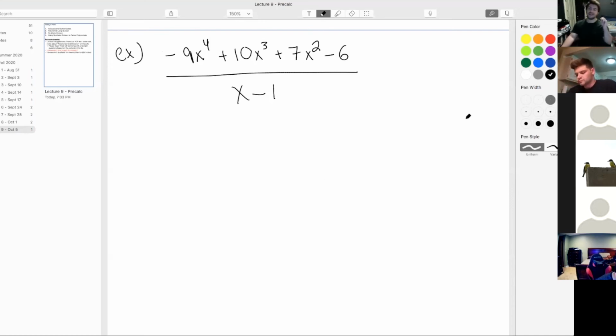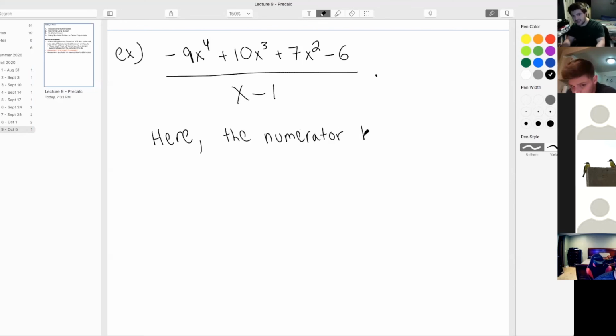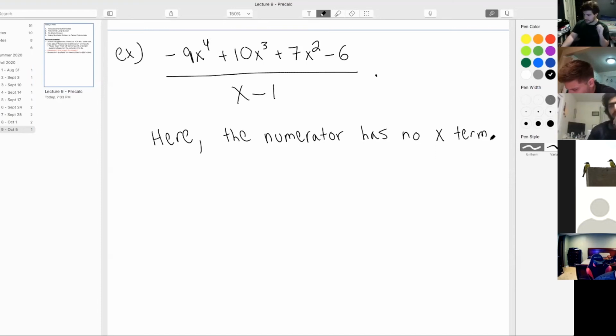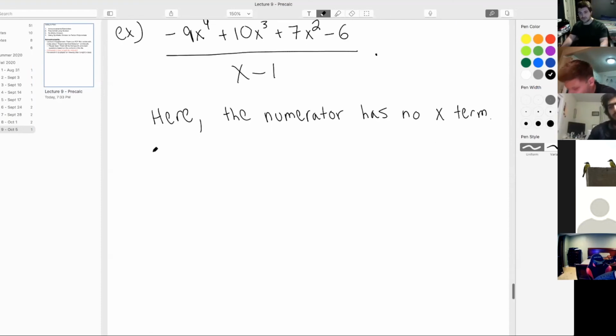Okay, so we're in the case now when we're missing some exponents of x. Okay, you'll notice that the numerator is missing an x term. Okay, so here the numerator has no x term. It has no linear term. So just like earlier in the polynomial long division, you have to put a 0 in its place. You must.